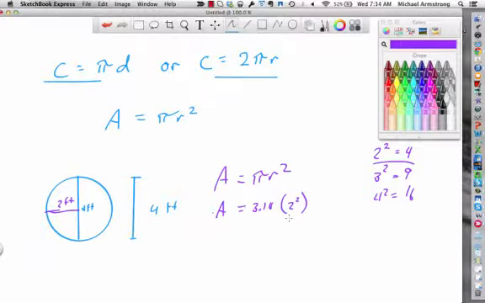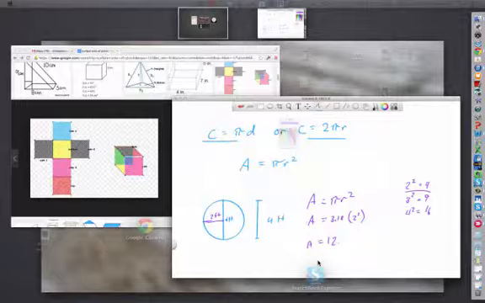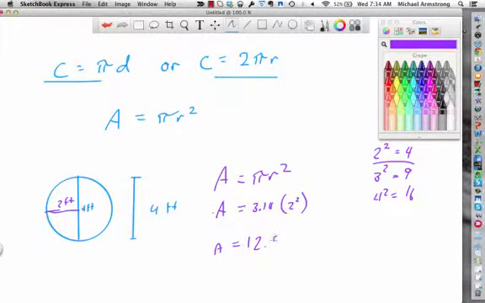Better. So area equals 12.56 feet to the second power.